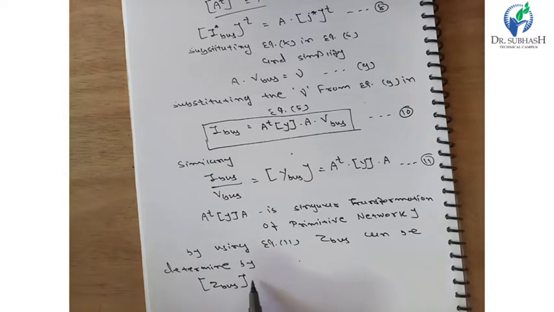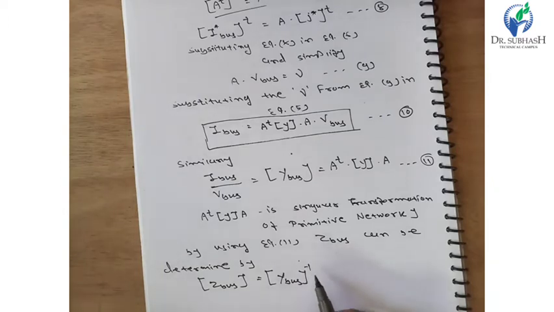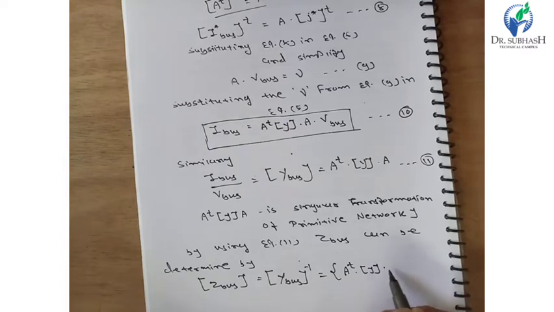Z bus is equal to Y bus inverse, which is also equal to 80 into Y into A inverse. So this is the Z bus output of a singular transformation.